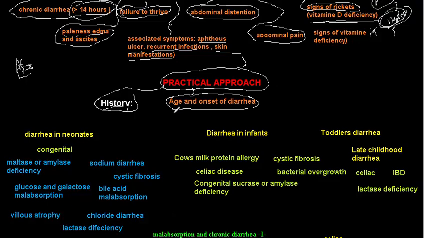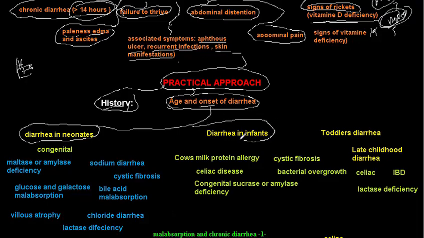Why do we have interest in age and onset of diarrhea? Why is it important to us? Because diarrhea in neonates has different causes from diarrhea in infants, which also has different causes from toddler diarrhea.